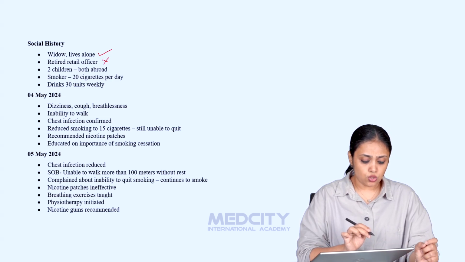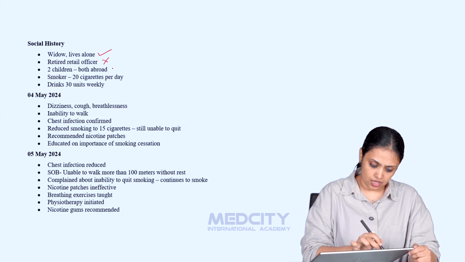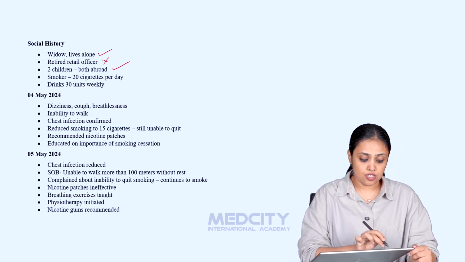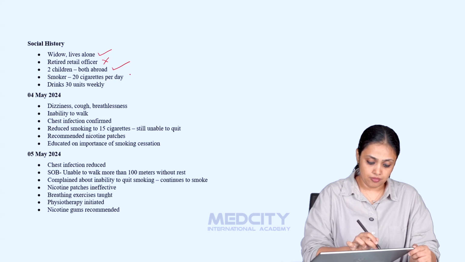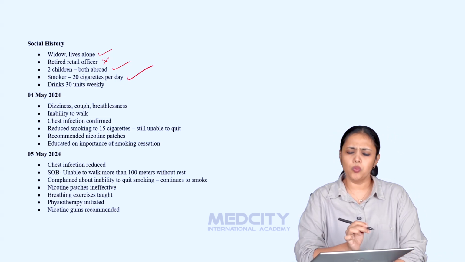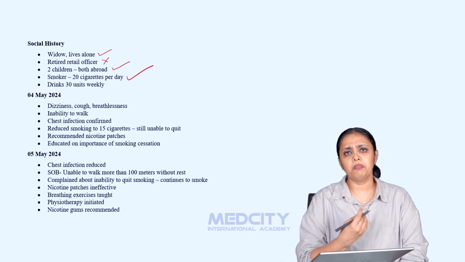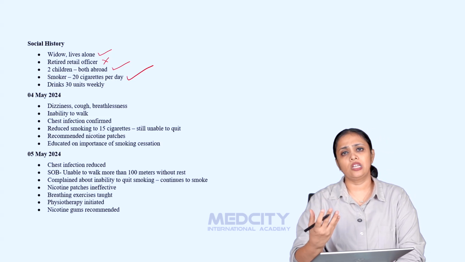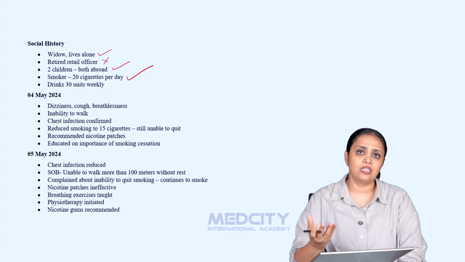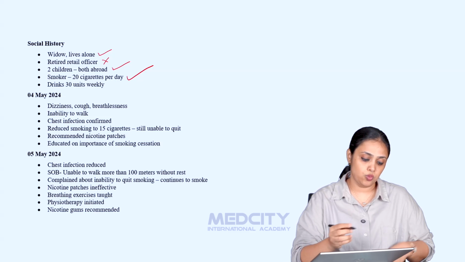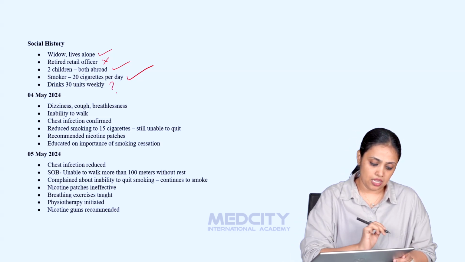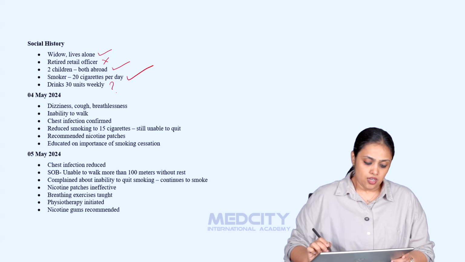Then 2 children both abroad, okay, you may consider that. Then smoker 20 cigarettes per day, of course that is very, very relevant. Drinks 30 units weekly, it's not very relevant, but since you are referring to a cessation clinic, maybe you can update that this person has another addiction as well. So as a semi-relevant detail, we can consider this as well.